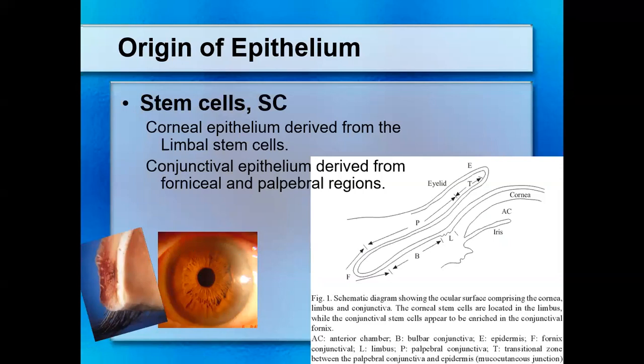The conjunctival epithelium is derived a little from this, but most of it is derived from the fornices and the palpebral region. Some of it comes from the limbus, but most of the corneal epithelium comes from the stem cells in the limbus, while the stem cells present in the fornix and the palpebral region give rise to the conjunctival epithelium.